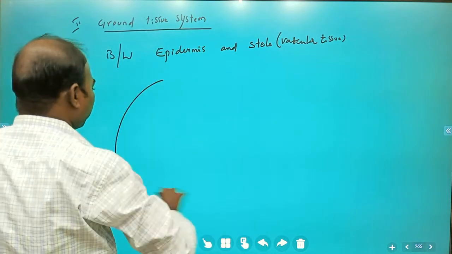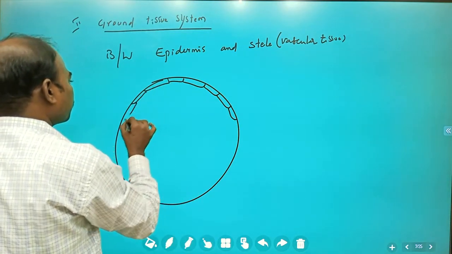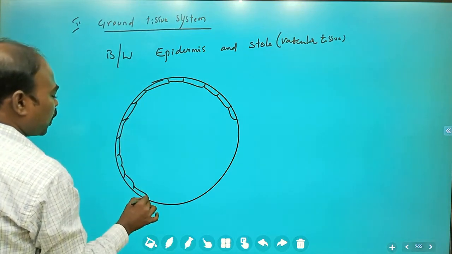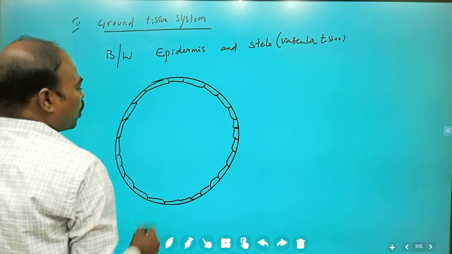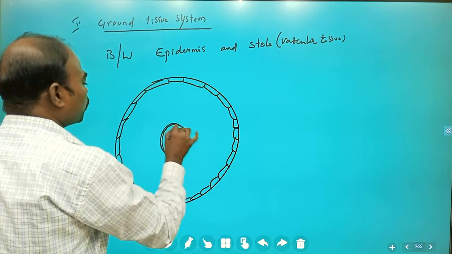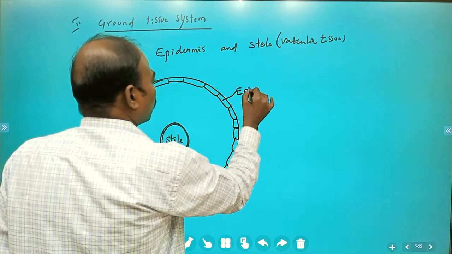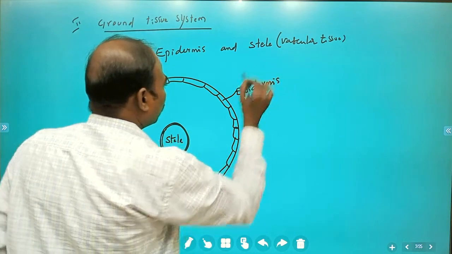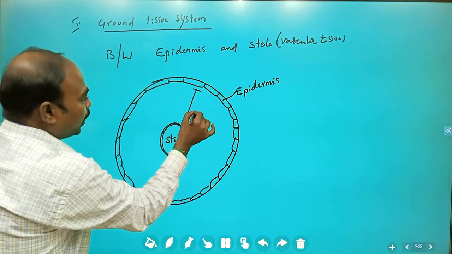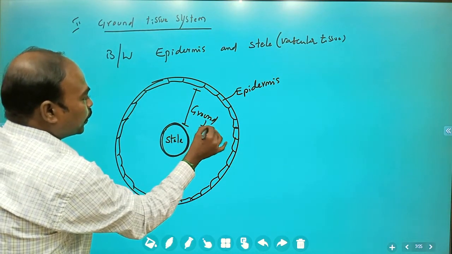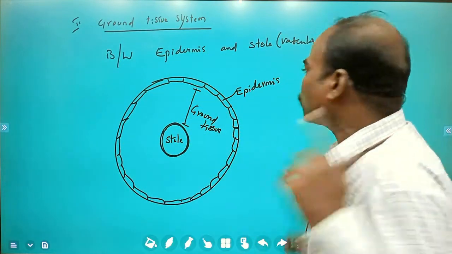For example, on transverse section we see the epidermis as the outermost layer and the centralmost vascular tissues, the stele. In between epidermis and stele, this area is totally occupied by ground tissue. Generally, the ground tissue constitutes different areas in stems and roots.